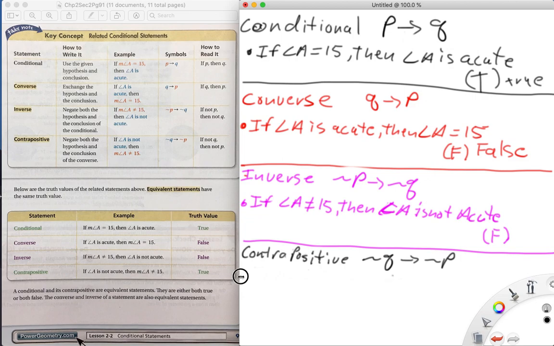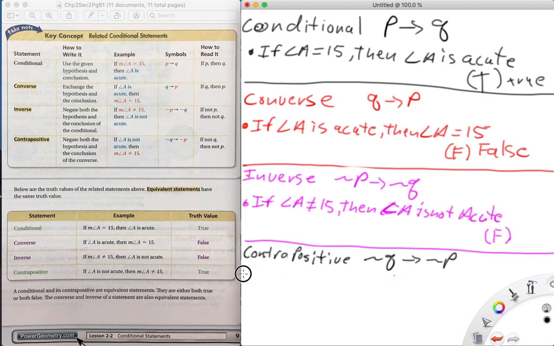So this is going to be: if angle A is not acute, then angle A doesn't equal 15. There we go.